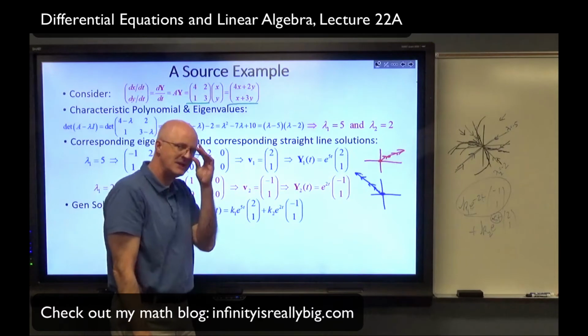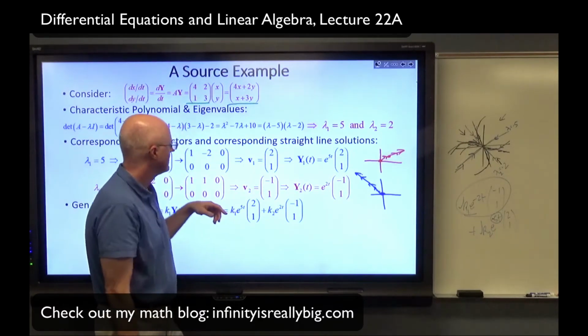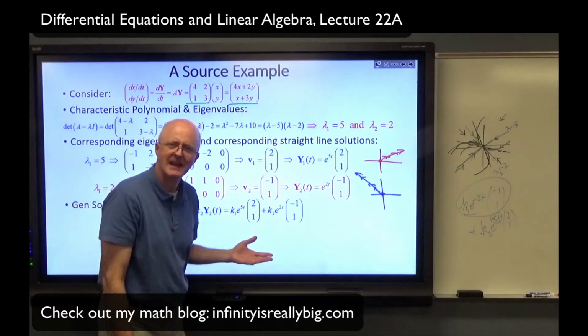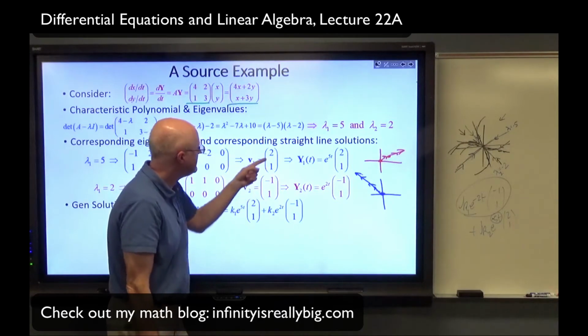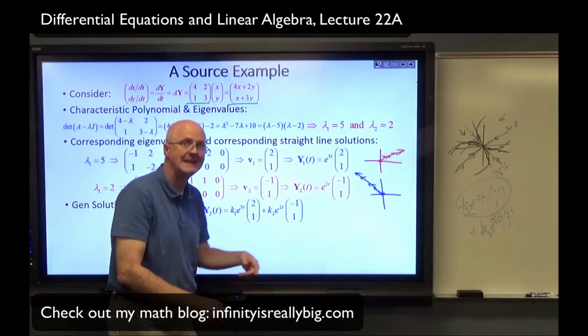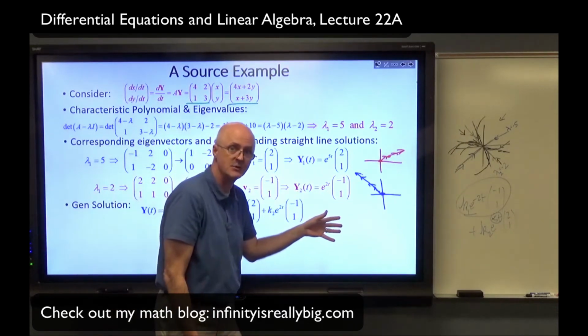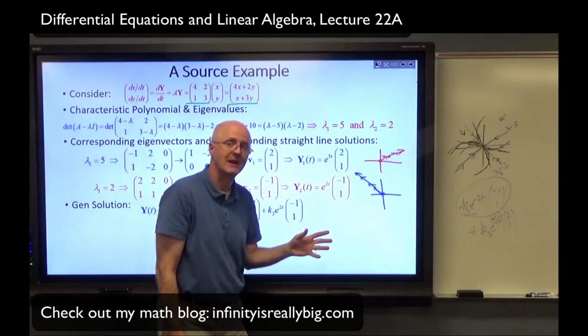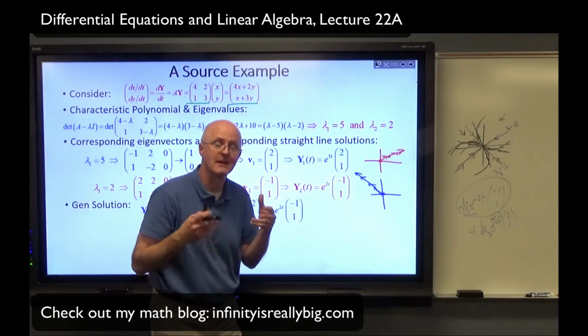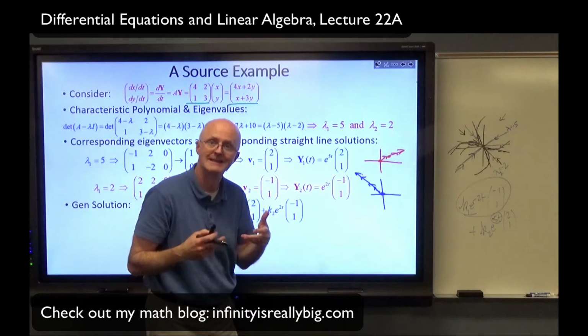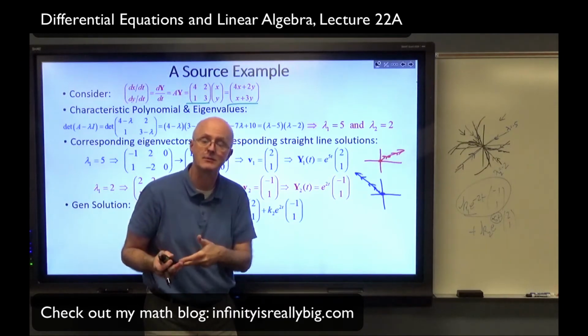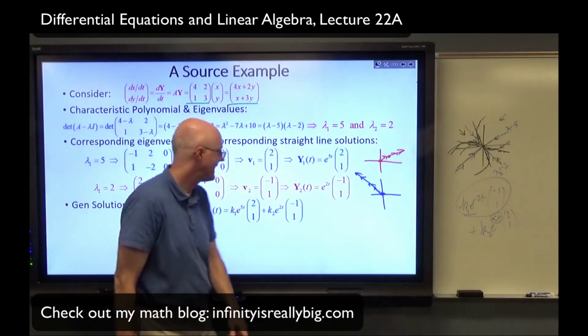By the way, I did mention a few minutes ago, general solutions are actually not unique. I can take any non-zero multiples of these eigenvectors and get other eigenvectors and other straight line solutions. But those other straight line solution sets would form still a linearly independent set of solutions that would still span the solution space and still be a basis of it.